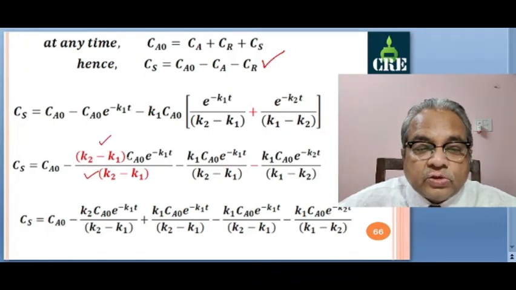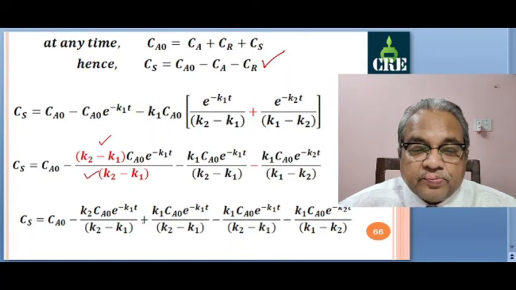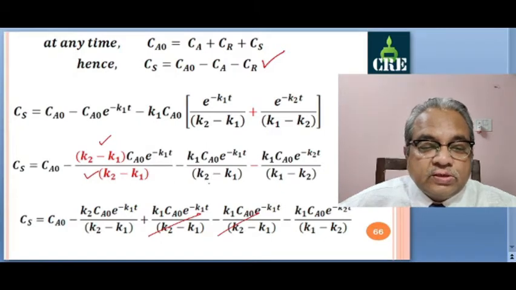Now solve this bracket. Minus K2 CA0 e raised to minus K1t, minus K2 CA0 e raised to minus K1t, minus minus plus plus K1 CA0 e raised to minus K1t divided by K2 minus K1, and other terms are same. So this second term and the third term values are the same, signs are opposite, plus minus, so this cancels out.